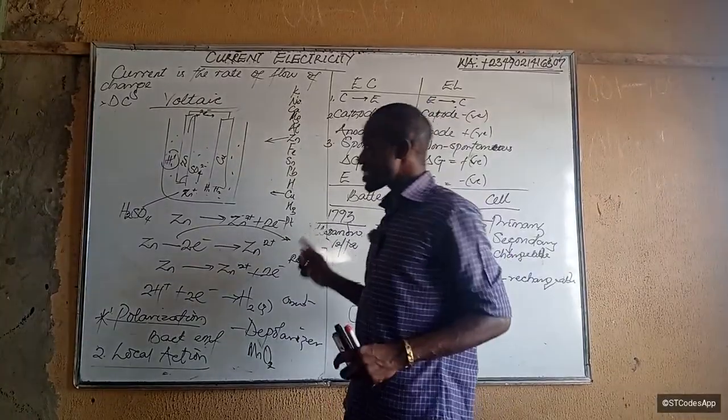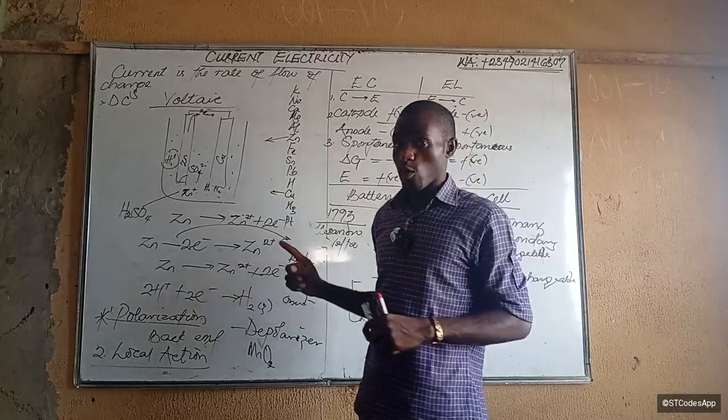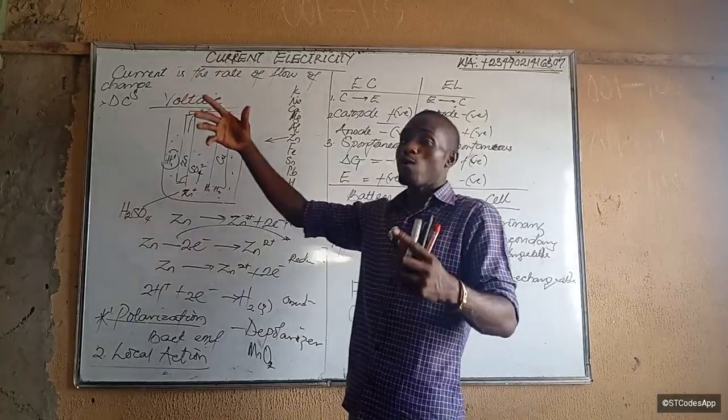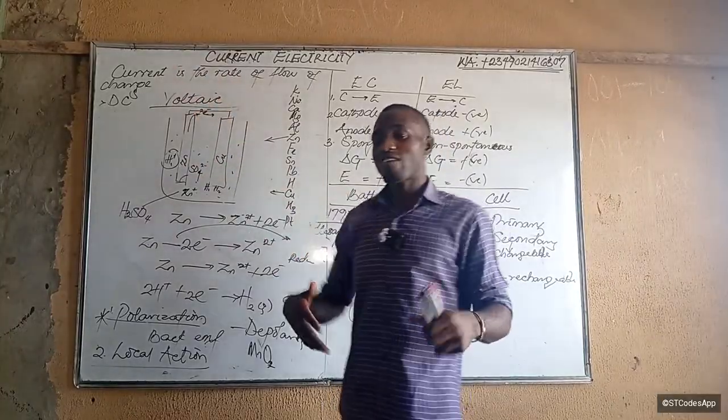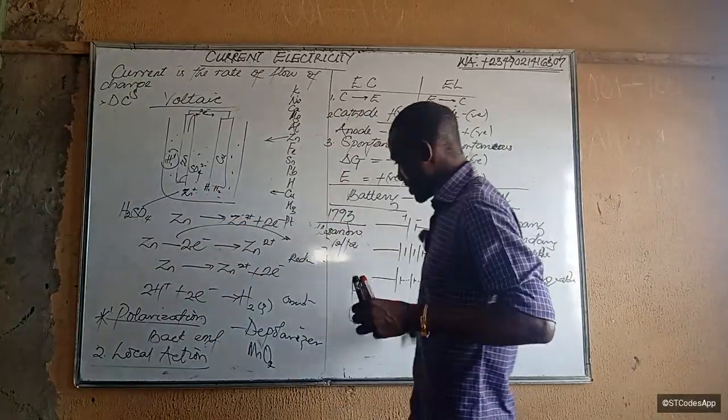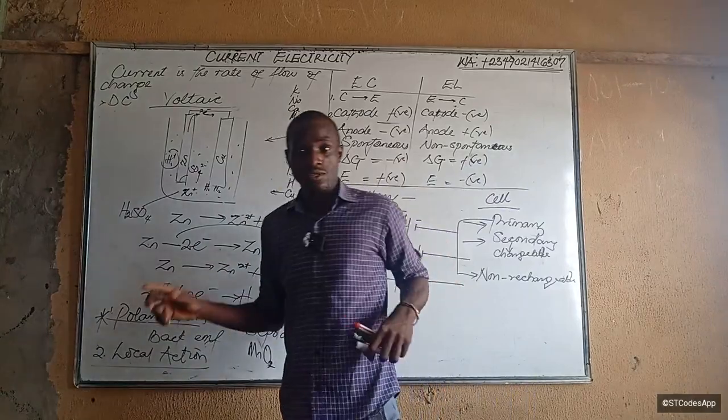Because of that internal EMF, the system will not run for long, because before you know it, zinc would have depleted its electrons, and by the time you want to use it, it has discharged. That's what is called local action.